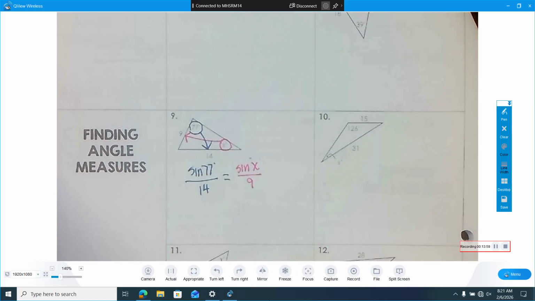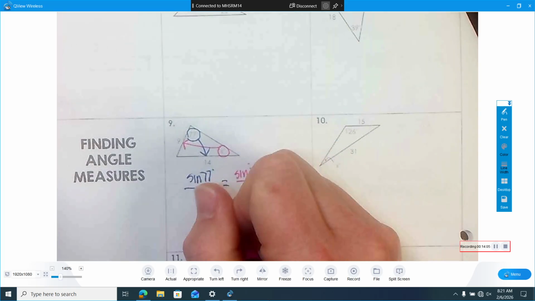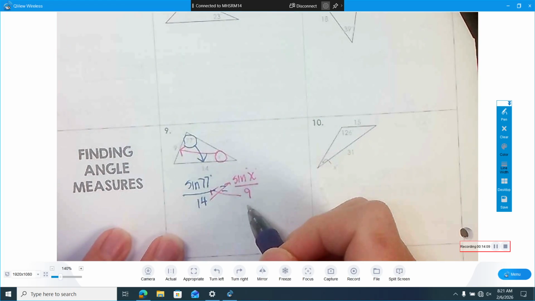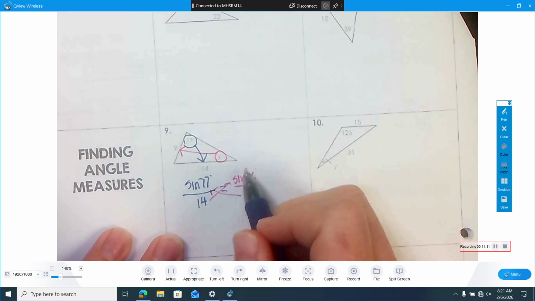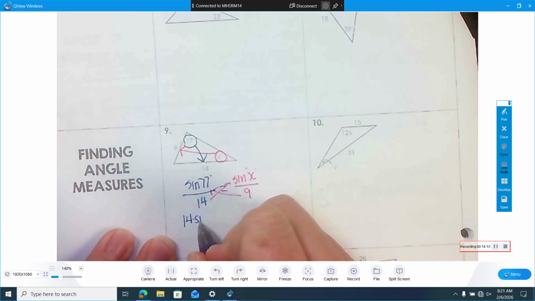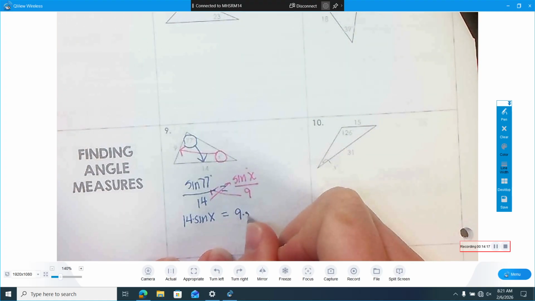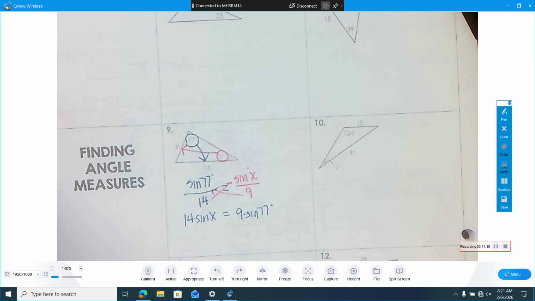All right, what should we do? Cross multiply, sure. Let's see, I'm going to write my 14 times the sine of x first. And then I have 9 times the sine of 77.